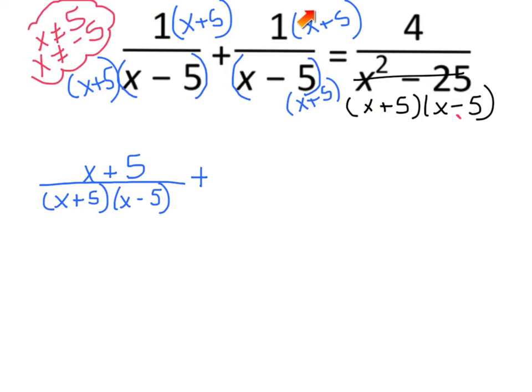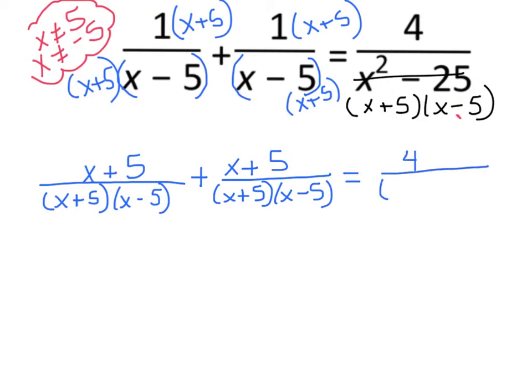Second part, same thing, distributing 1, leaves x plus 5. And leave this one the same. What's the next step? So hope you said all the denominators are the same, so we can cross all those off.